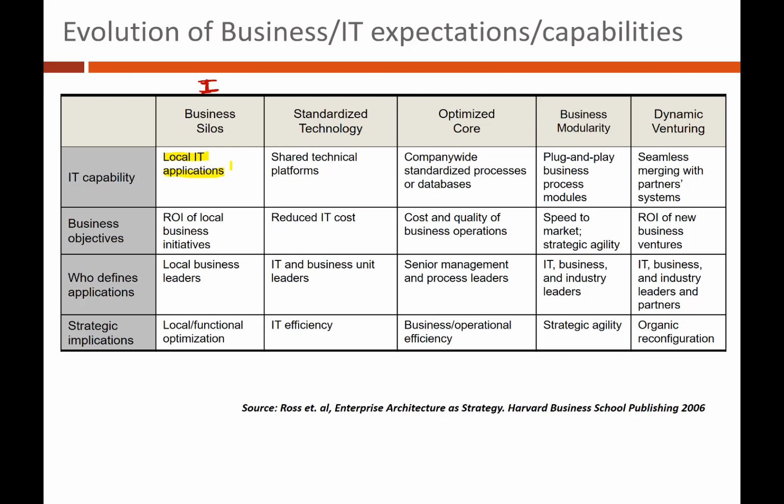Let's buy IT to help the salespeople. Let's buy IT to help the people working in the warehouse. Let's buy a software program that will help us do payroll. So we bought these local IT applications.